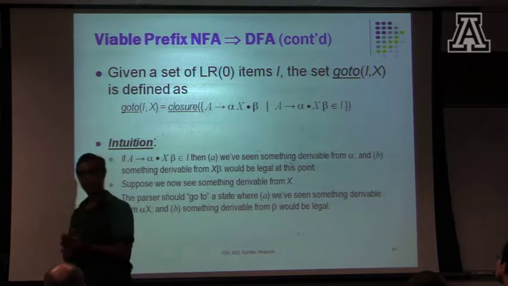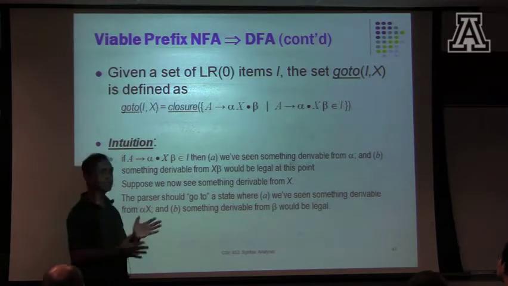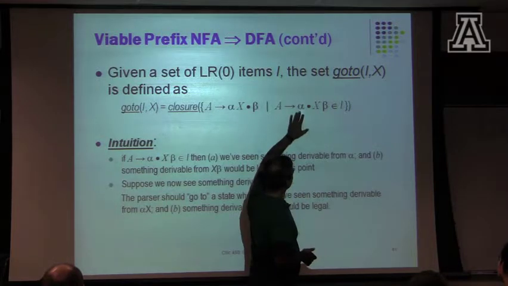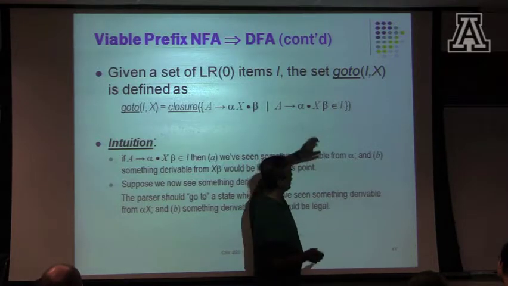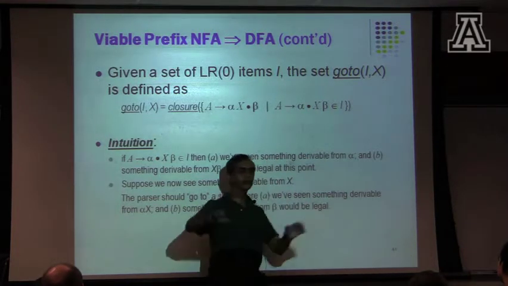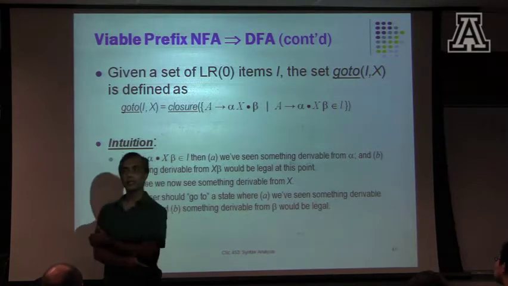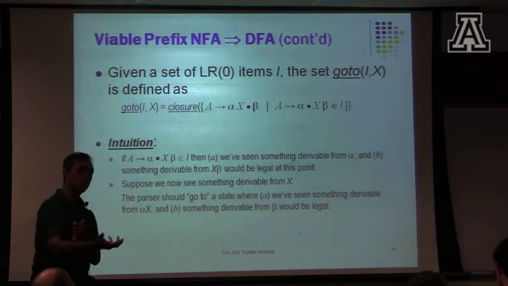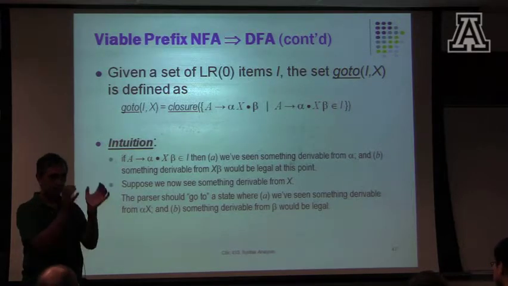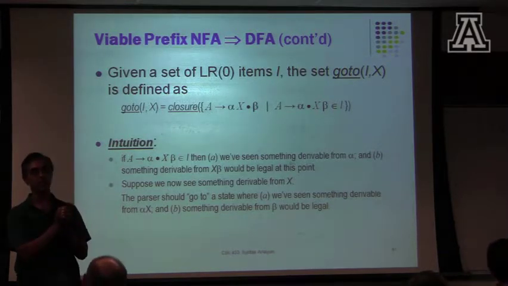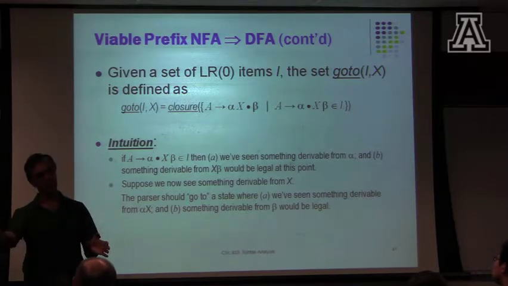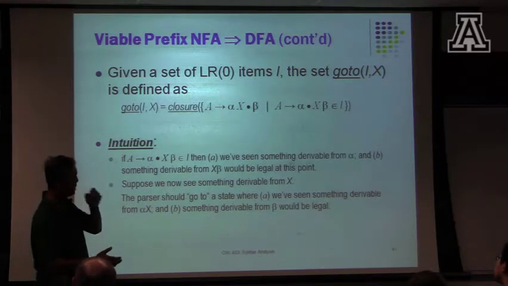What that is saying is that in this state, the parser has seen something that alpha could derive, and here are all sorts of different possible continuations that are legal at this point. Since the parser doesn't actually know what's coming down the road, it can't say one of these is the right continuation. It simply says, I could go this way, this way, or this way. Here are the possibilities.